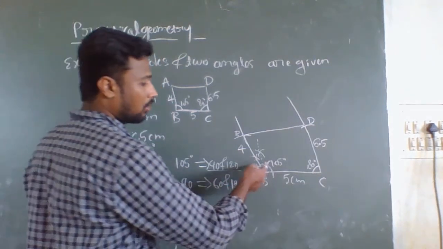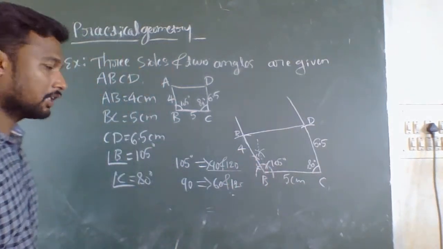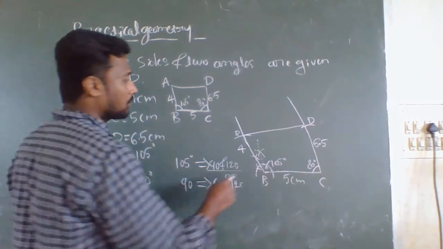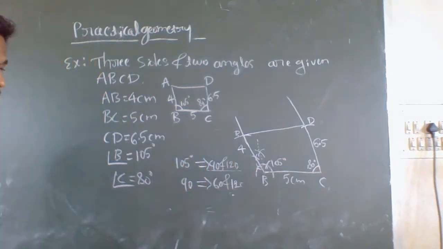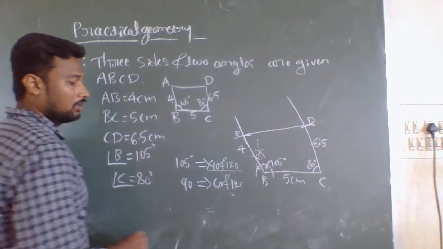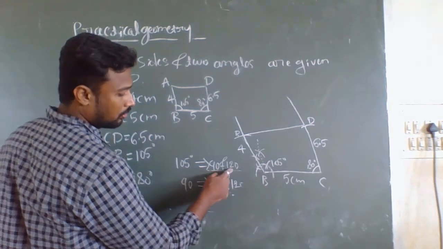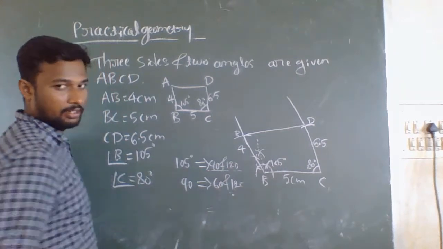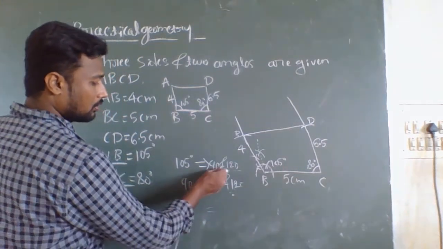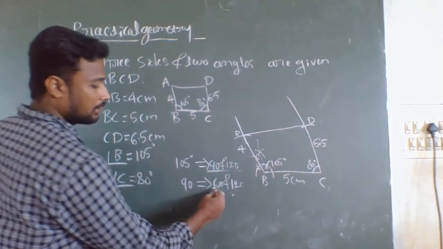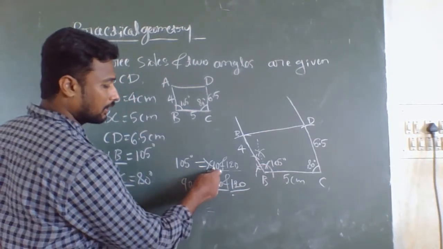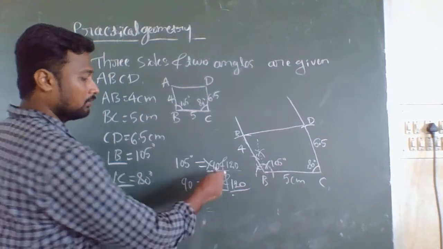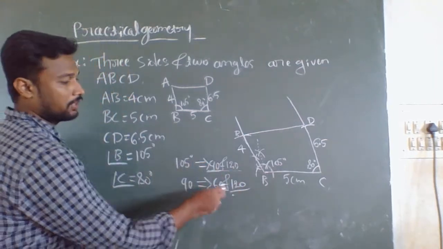So you know how to construct 105 degrees by using compass, because here 105 degrees is between 90 and 120 degree, and you know how to construct 60 and 120 degree, and to construct 90 degree it is between 60 and 120 degree. So now we got the 90 degree and 120 degree. Between these two angles 105 degree is there.